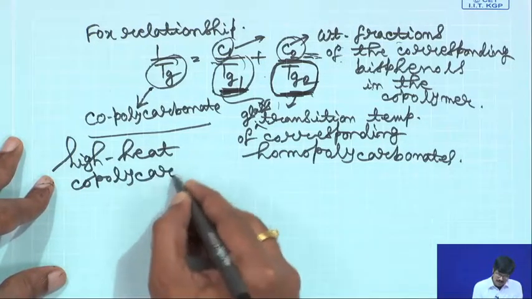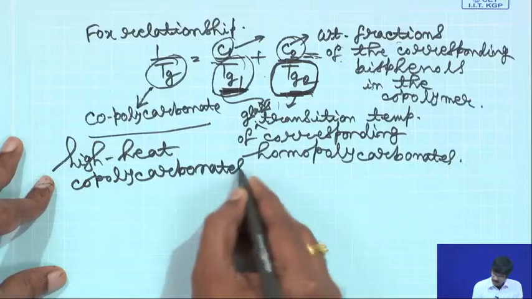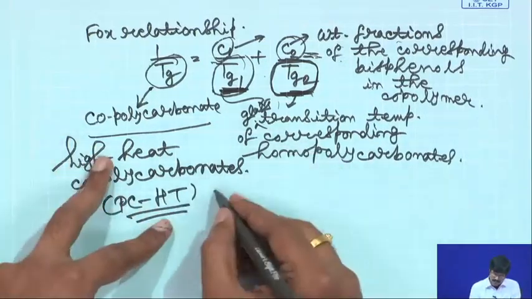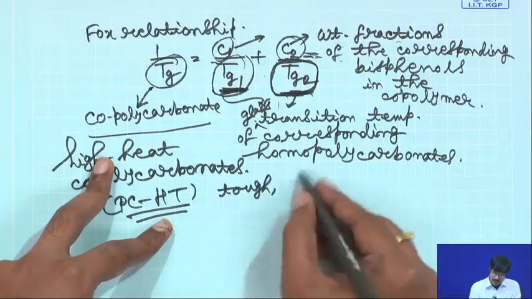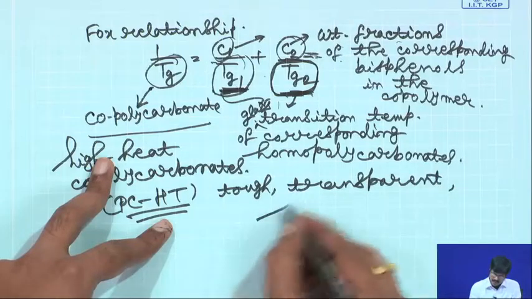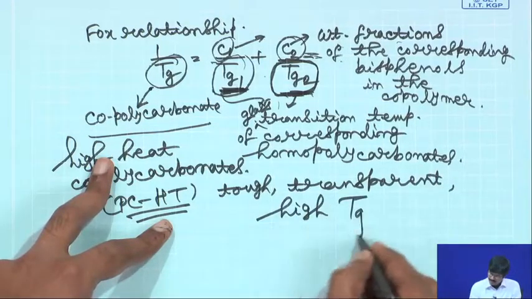copolycarbonates, high heat copolycarbonates. So, polycarbonate HT, like that, and these materials are tough, they are transparent, and they have high Tg.